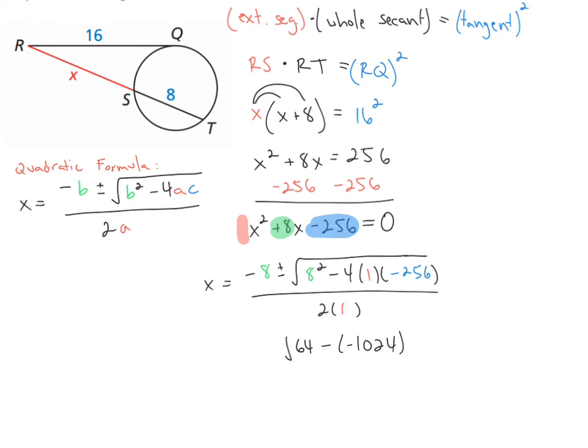All of this lives inside the square root, and I haven't done anything on the outside, so let's rewrite everything that was on the outside. So I had a negative 8 plus or minus the square root. All of this was getting divided by 2. And this, again, is all equal to x.